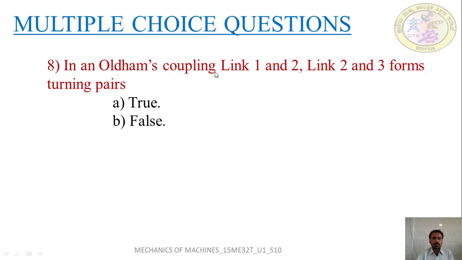In an Oldham's coupling, link 1 and 2, and link 2 and 3 form the turning pairs. Whether this statement is true or false? This is a true statement, as link 1 and 2 and link 2 and 3 form the turning pairs.